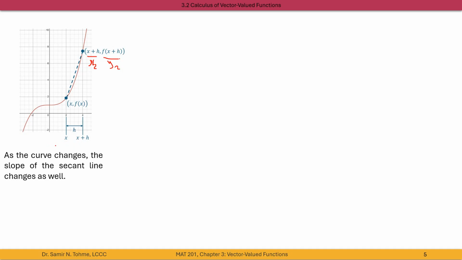So it's the same amount of x, and adding some value to x, we will call it h. So x plus this added value to x, which is h, this will be the abscissa of the second point, which is this one, x plus h.